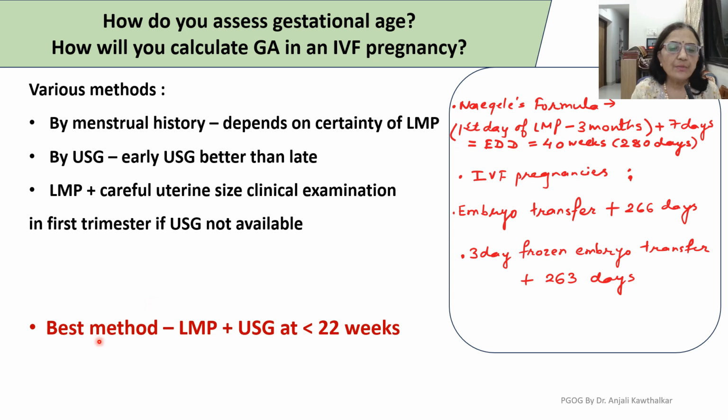But overall, if you are asked which is the best method, then we have to take help of both, on the basis of date of last menstrual period and ultrasonography, whenever ultrasonography is done at a gestational age less than 22 weeks. So this gives us a best assessment of correct gestational age in a given patient.